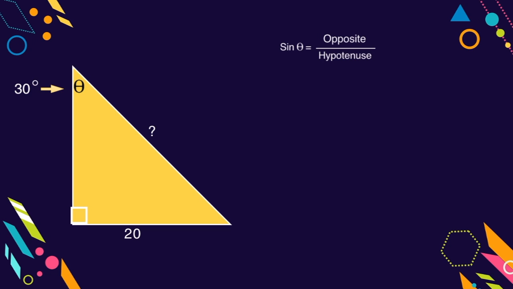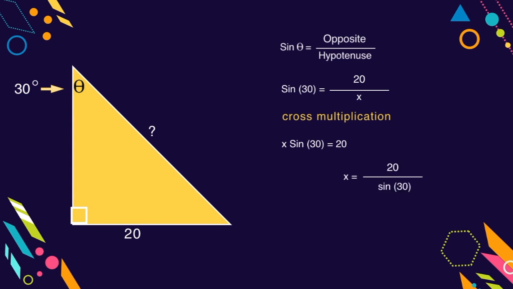Let's insert these numbers into the formula. And then, we do a cross multiplication. And then you'll get this equation. Because we are looking for x, we change this into an x equals equation. And then, you'll get 40 for x.